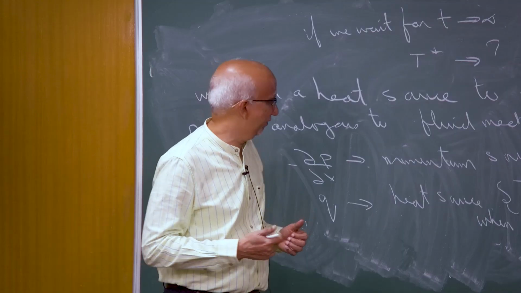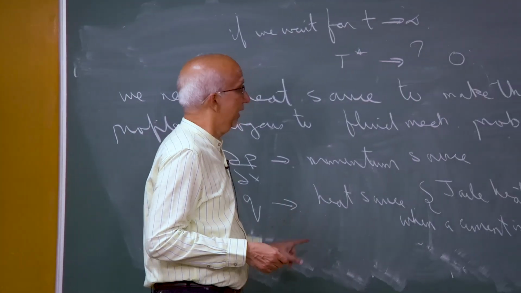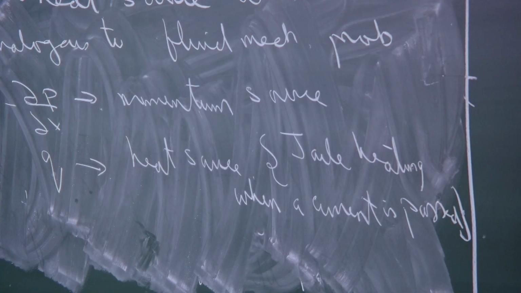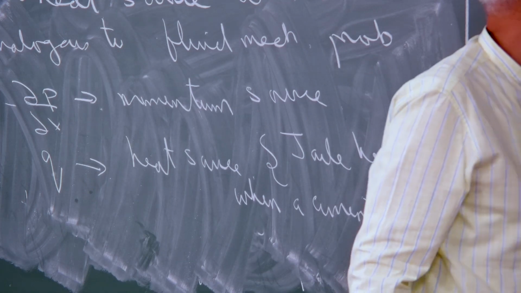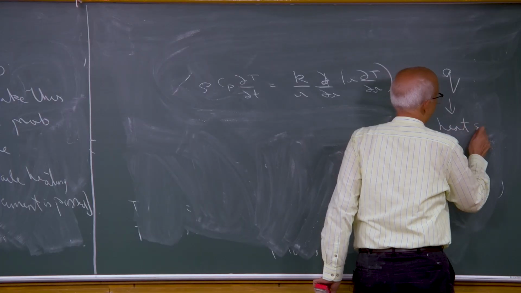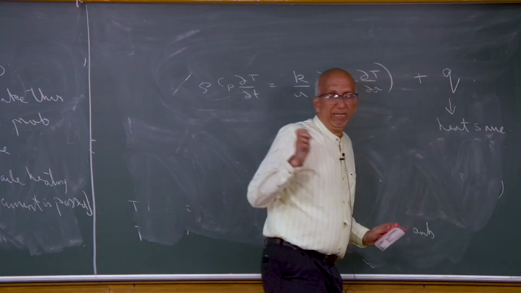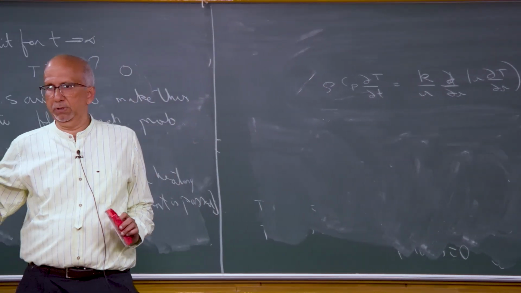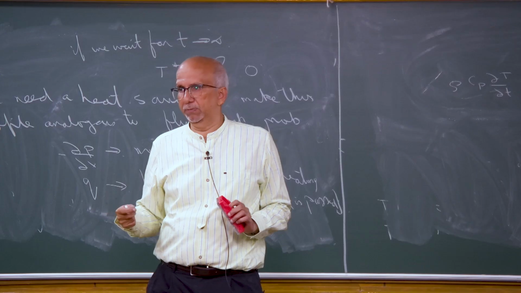Anyway, this is the heat source, then the equation gets modified, and this is the plus Q. So, this becomes your heat source, and that is the same as what you had, minus dP by dx in your earlier problem, the source of momentum which is driving the flow.